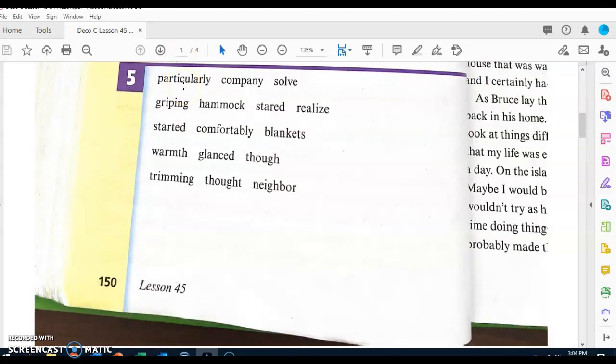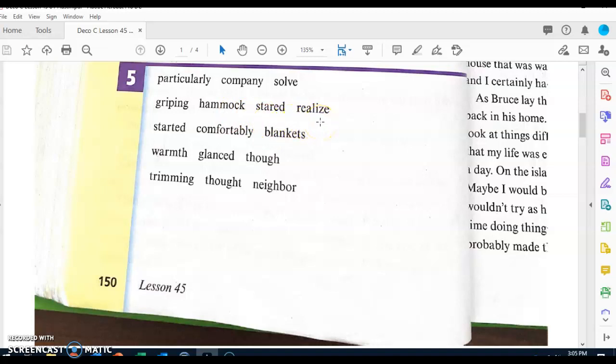Let's go ahead and look at part 5, boys and girls. First word. What word? Particularly. Next word. What word? Company. Next word. What word? Solve. Next word. What word? Griping. Next word. What word? Hammock. Next word. What word? Stared.